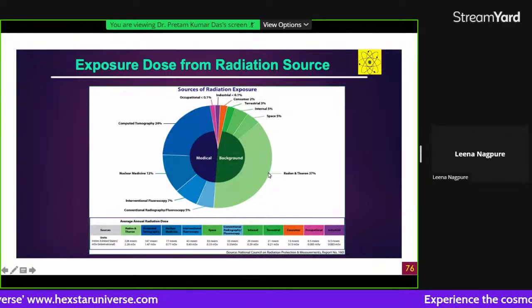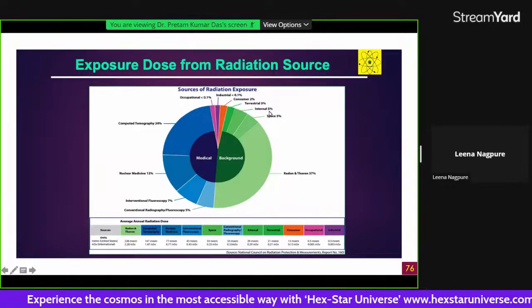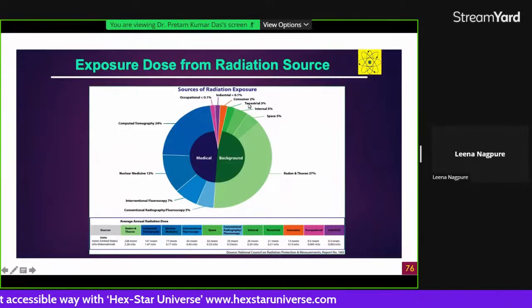Among background sources, radon and thoron give 30%, space 5%, internal 5%, terrestrial 3%, and consumer 2%.